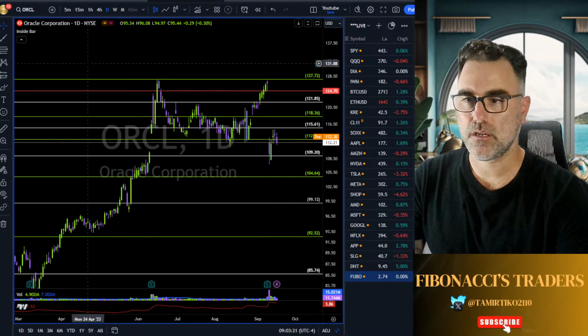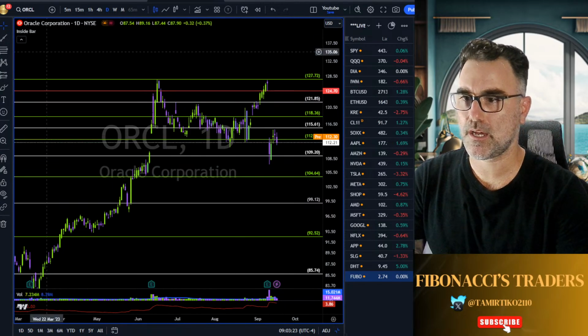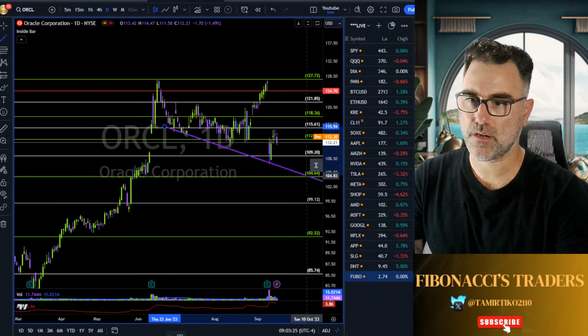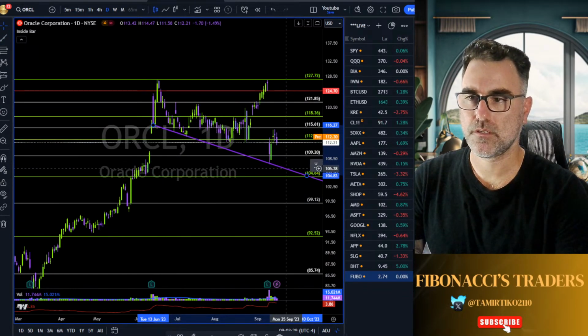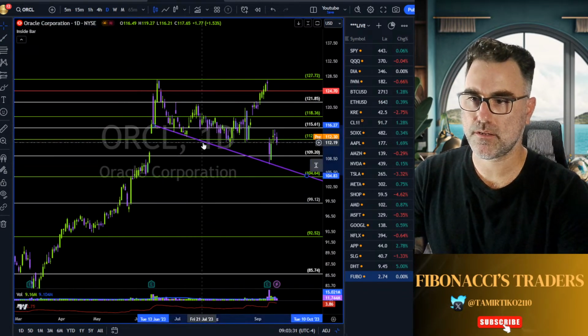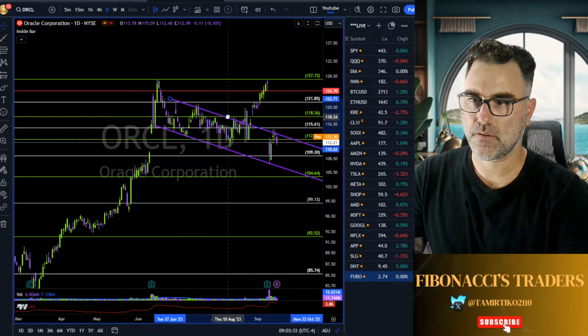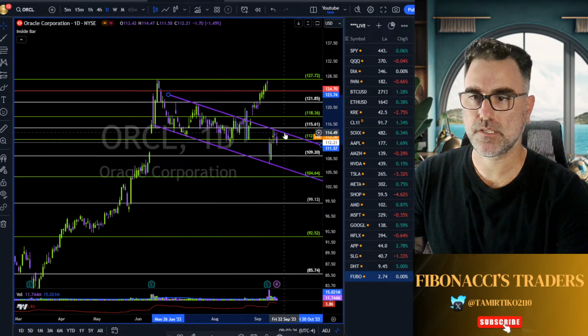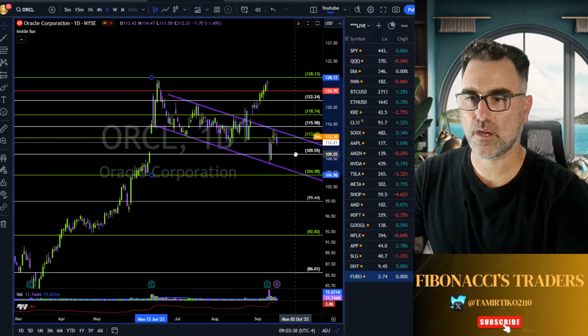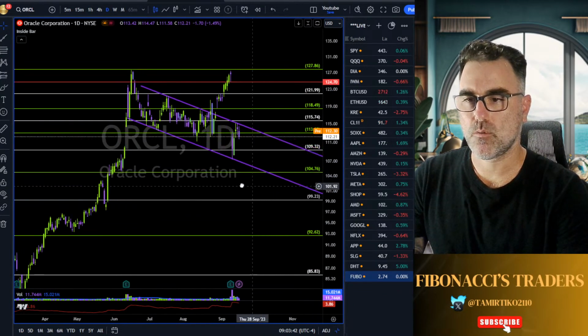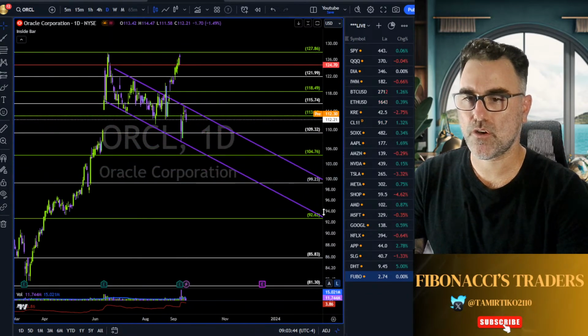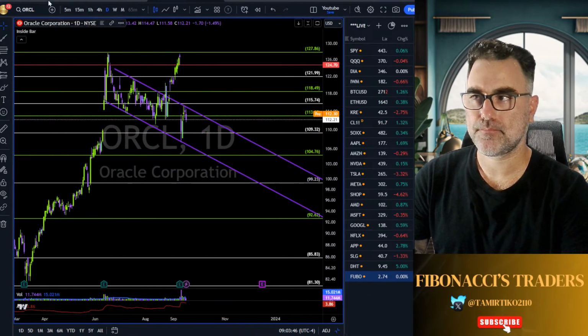But for now, it looks like we have this trend line over here holding the lower lows. We have also the same one over here. As you can see, as long as Oracle is between these purple trend lines, follow them to the downside.